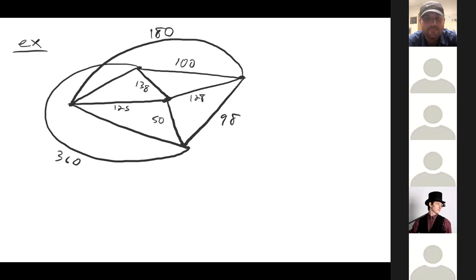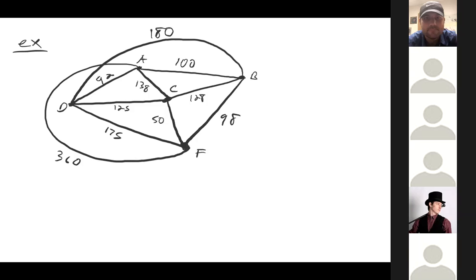This little wall right here is 92. And this little wall right here is 175. Okay. And this is A, B, C, D, and then over in the corner is E.